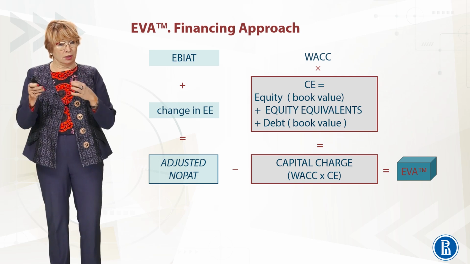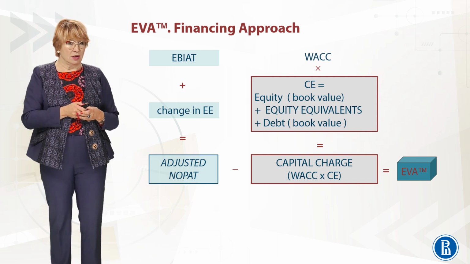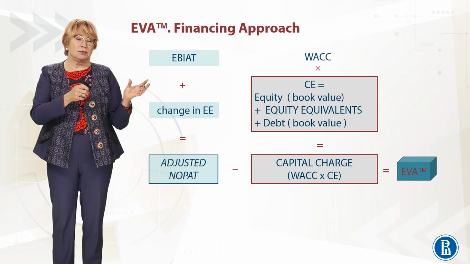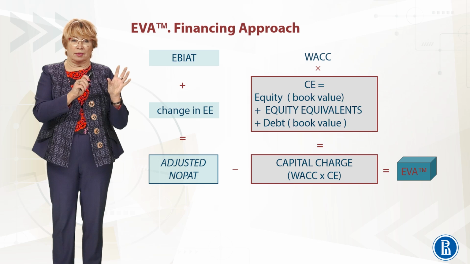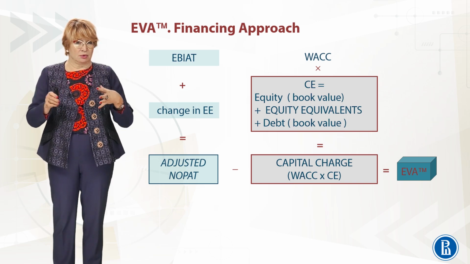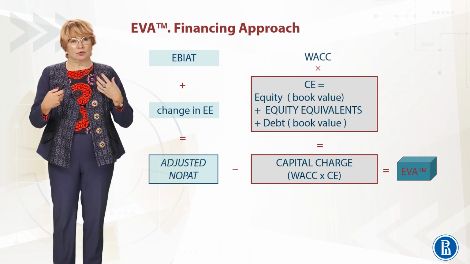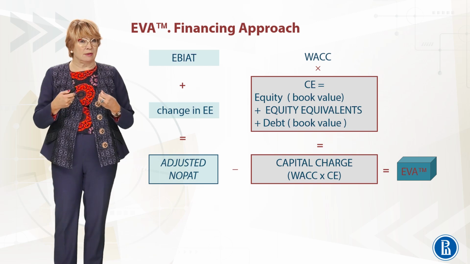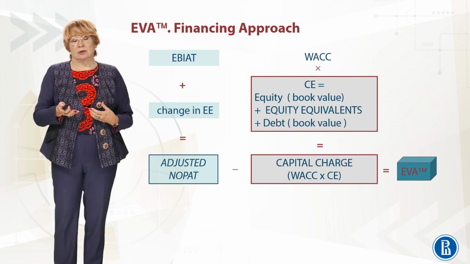You may do it, and you will do it, and it's advised to do it every year. So the equity equivalents, let's say in the past year, were a particular amount. In the current year that you are summarizing now, you maybe change the intensity of your training programs for your personnel, or of your market building expenditures.